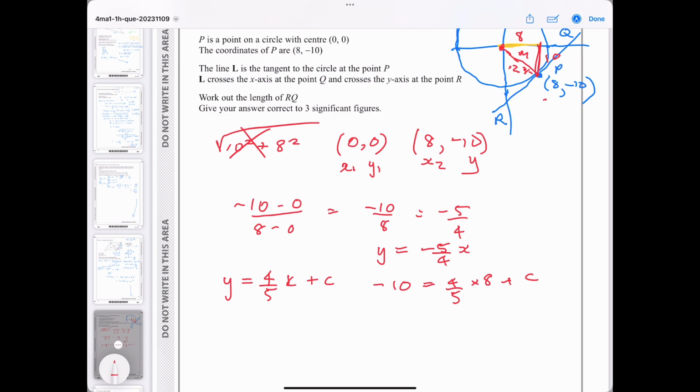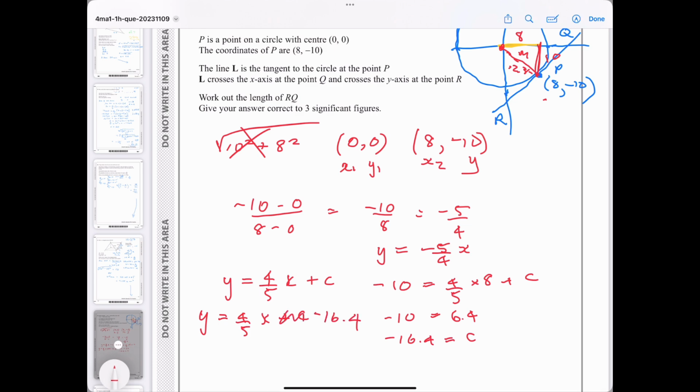So 6.4 minus 10 means minus 16.4 equals c. So our actual thing is y equals 4 over 5x minus 16.4.